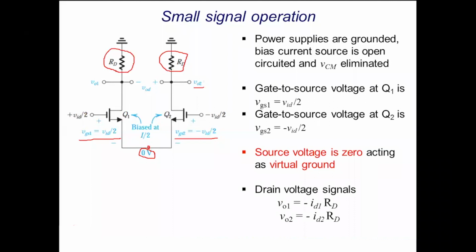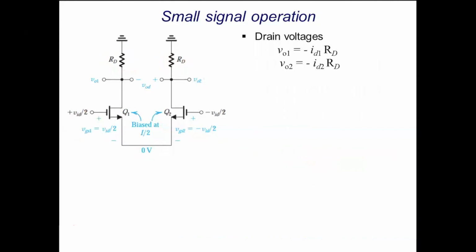Now we know that the drain current is equal to GM into VGS, that is transconductance times the input voltage. So now ID1, the drain current 1, will be equal to GM into VGS1, and ID2 is equal to GM into VGS2. What is VGS1? VGS1 is equal to VID by 2 and VGS2 is minus VID by 2.